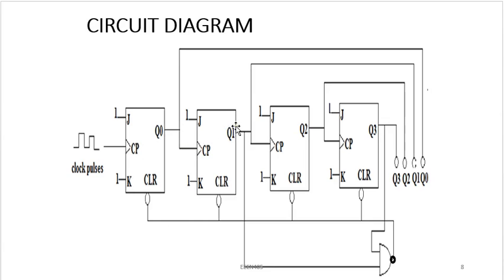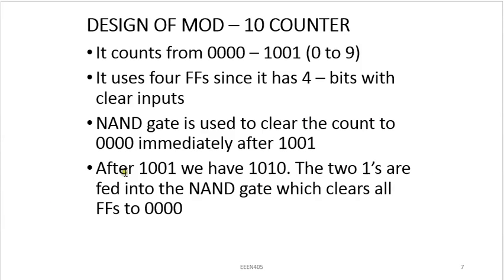The output of Q1 should be the clock to Q2, and the output of Q2 should be the clock to Q3. Then the output Q3, you tap it and place it here. Then Q2 also, you tap it and place it here. The same thing with Q1 and Q0. See the outputs here. Now we said the reset point is when we have 1, 0, 1, 0.